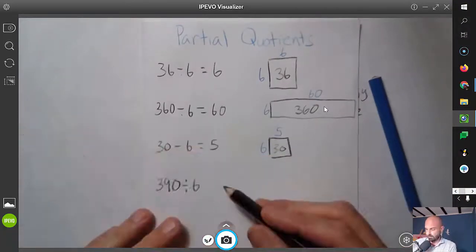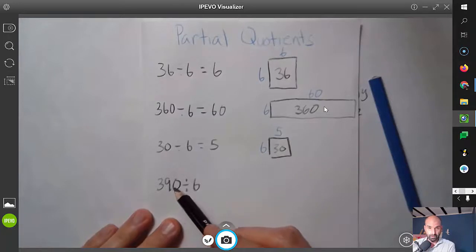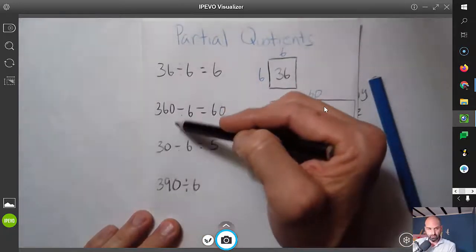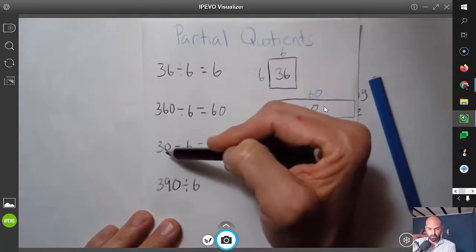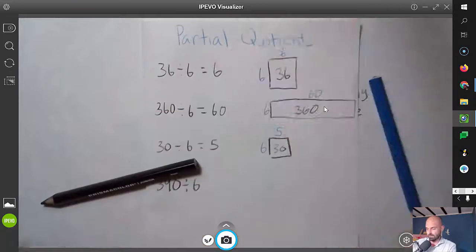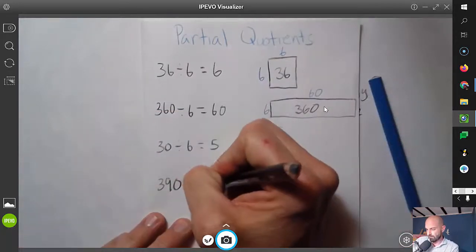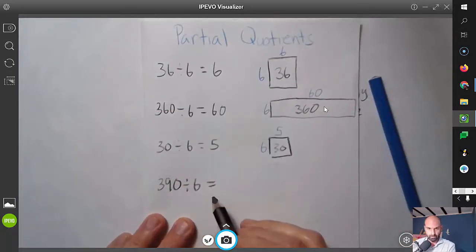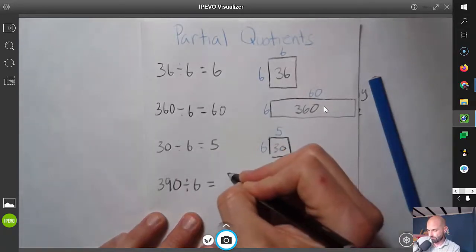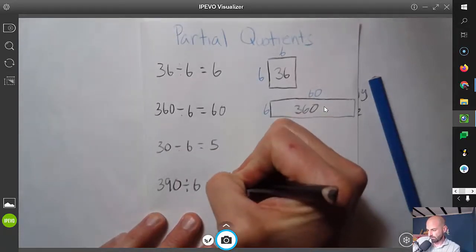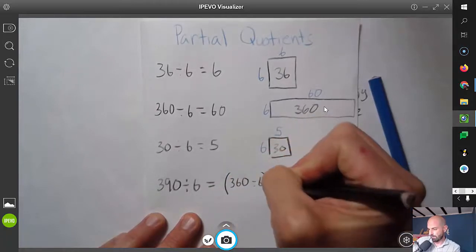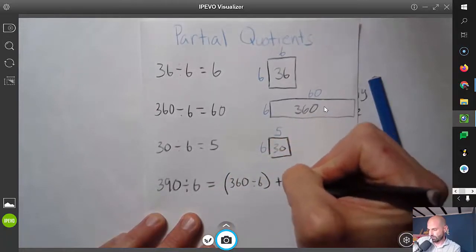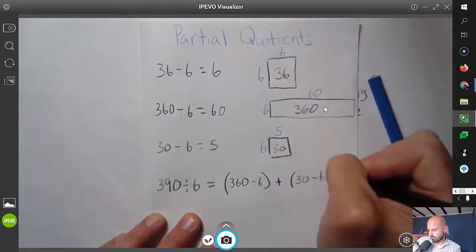All right, so if we notice that 390 is the same thing as what? 360 plus 30. 360 plus 30 is 390. How does that help us? Well, we can say 390 divided by 6 is the same thing as 360 divided by 6 plus 30 divided by 6.